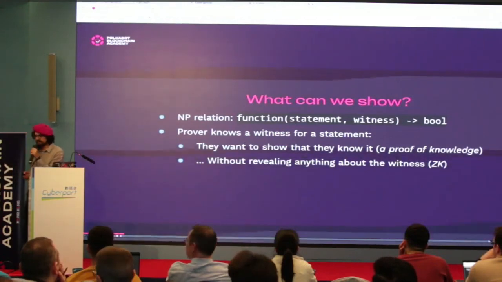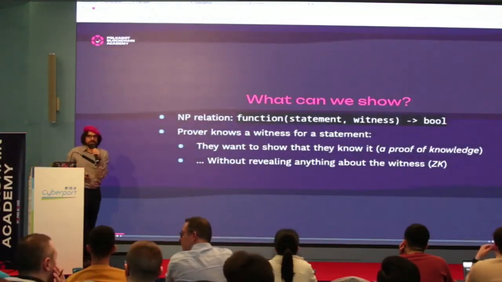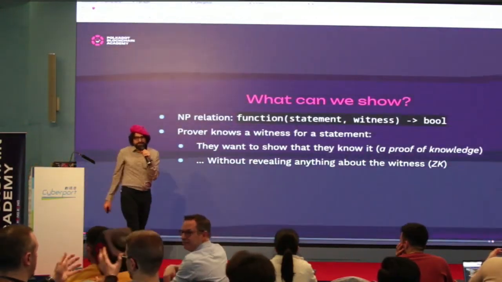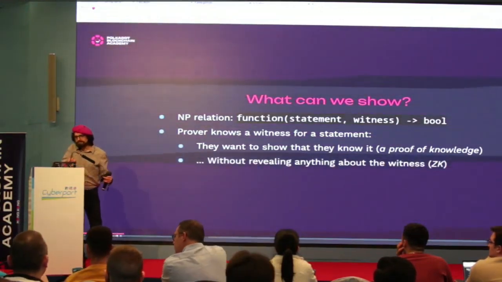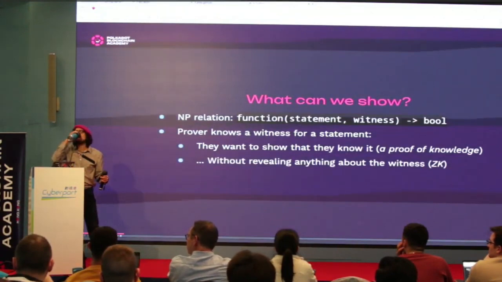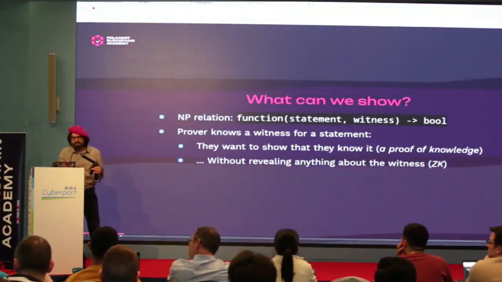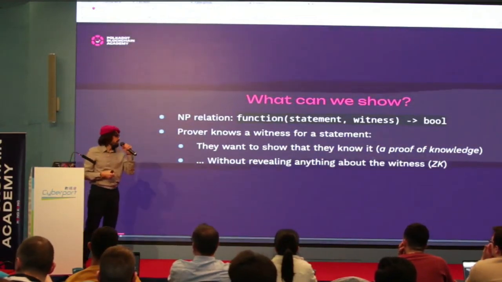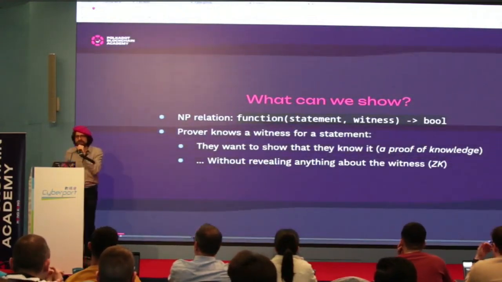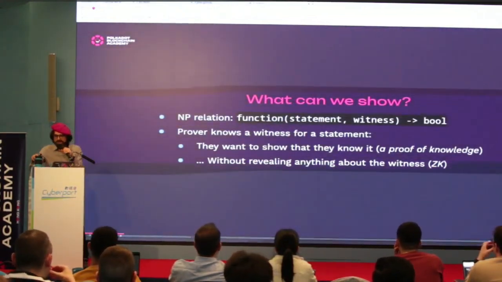Oh, question, Mike. Hi Tushar. So in this, the statement is public, the witness is private, something that you don't want to show. Yeah, in general, statements are public, so everybody knows the statement. The witness is what you hide.